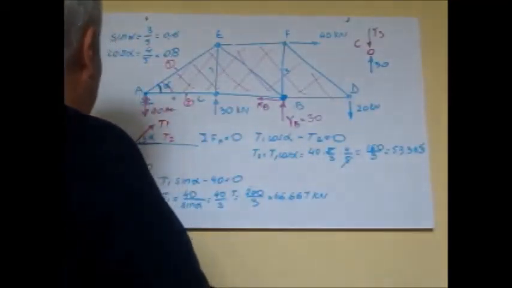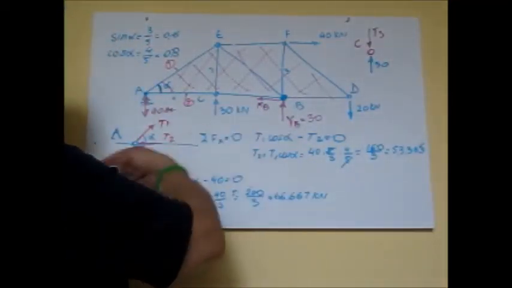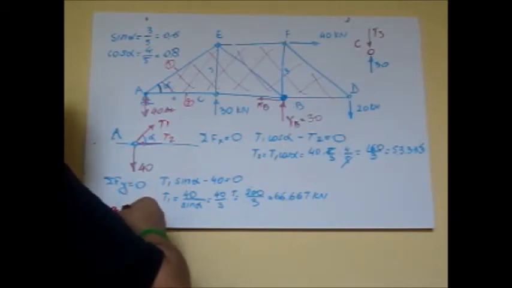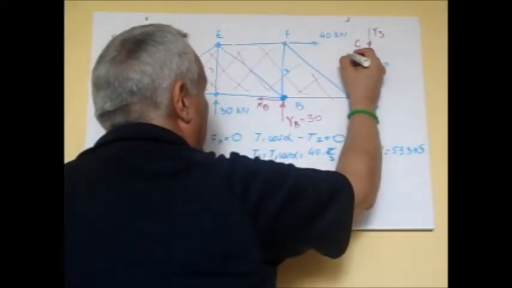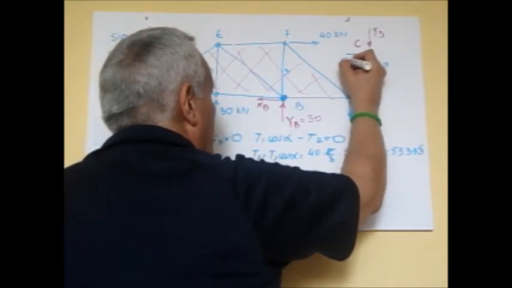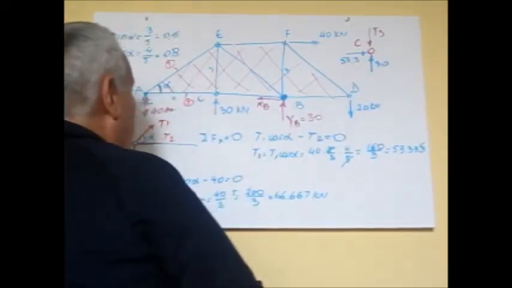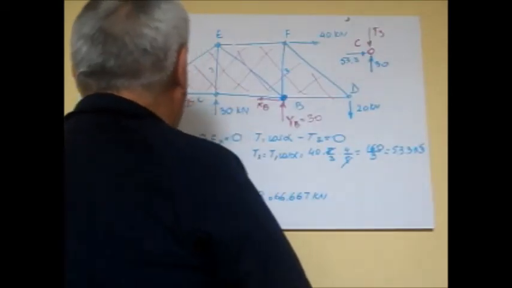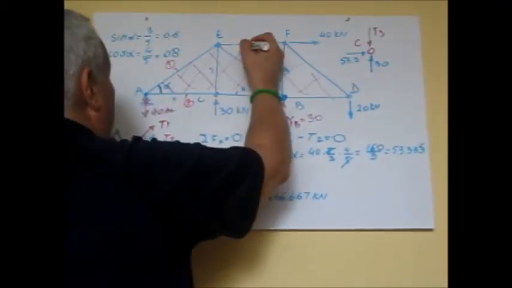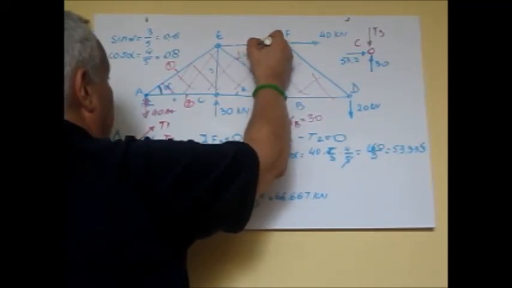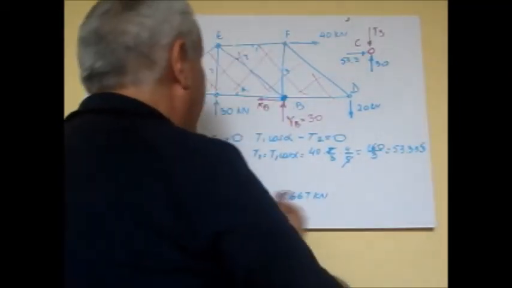And I have now this force, if T2 is going in the nodes, on the other direction, T2, we found T2, 53.333. And this is the unknown, let's call it 6. 1, 2, 3, 4, 5, 6. Let's call it T6.